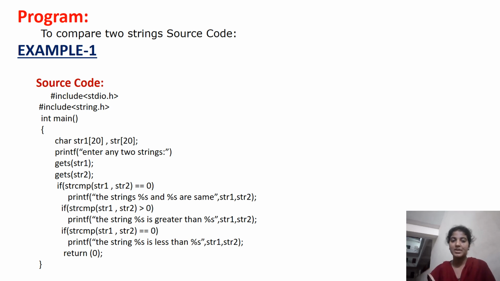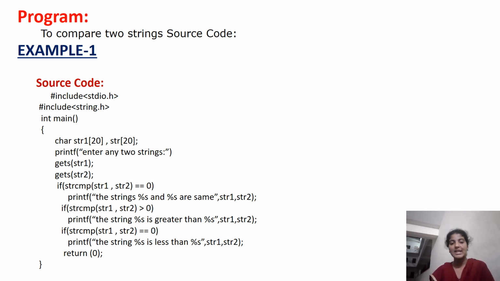Example 1. Source code. Here we are using header files and the int main function, and we declared character arrays string 1 having size 20 and string 2 having size 20, and we enter the string 1 and string 2 values.